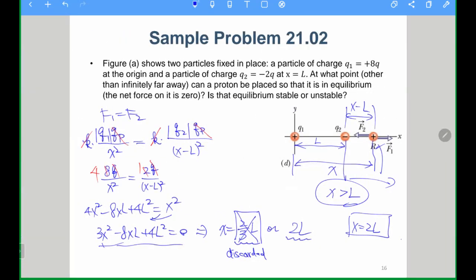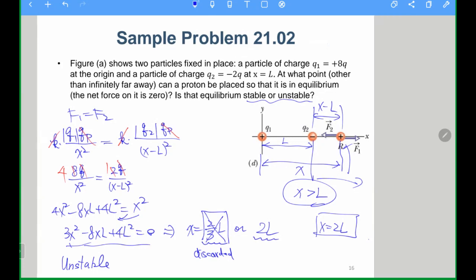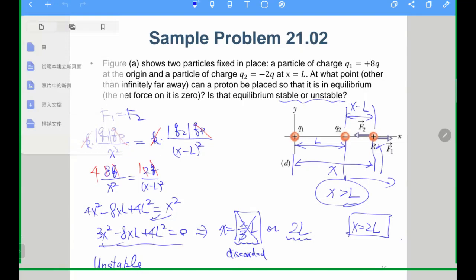Okay, so furthermore, it asks you whether this equilibrium is stable or unstable. So it is a bit difficult to explain. Let me try to tell you the answer: this equilibrium point is unstable. Actually, maybe let me try to add a page.